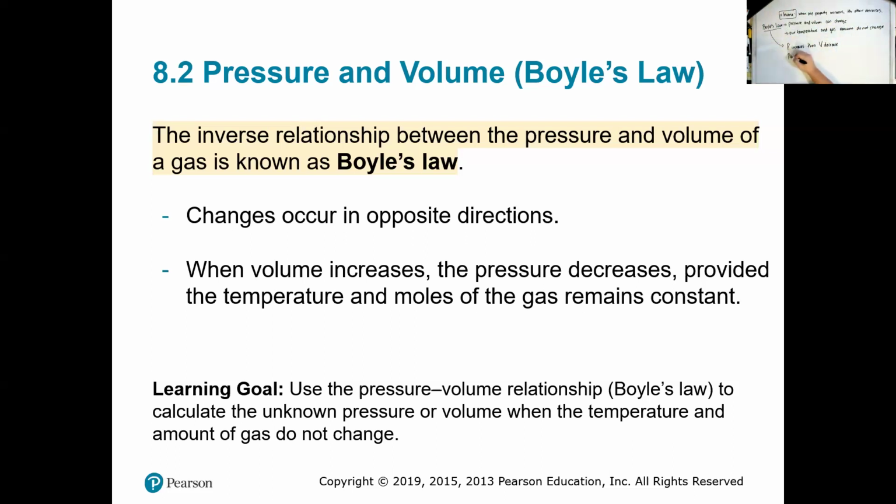Okay? When pressure decreases, then volume increases. Okay? Assuming that our other two factors are staying constant and not changing. All right.